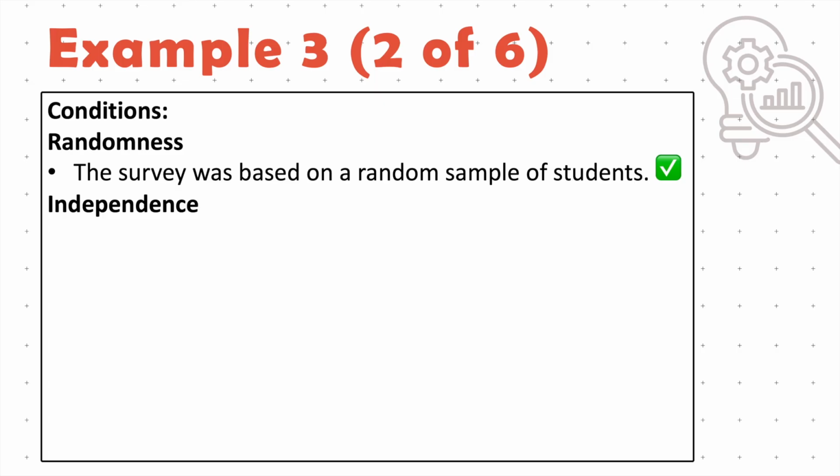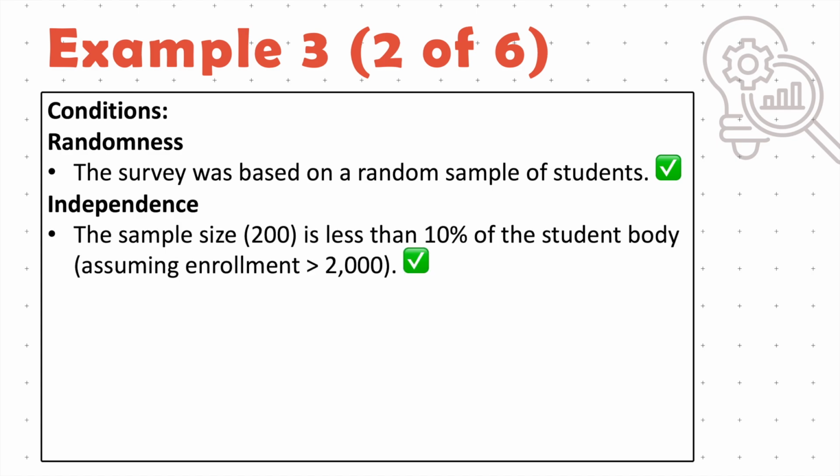For independence, each observation needs to be independent of each other. We are sampling these students without replacement, so we would check that 10% condition. The sample size was 200. That should be less than 10% of the student body if we assume enrollment to be more than 2,000 students. That would be the case for NC State, so we meet the independence condition.